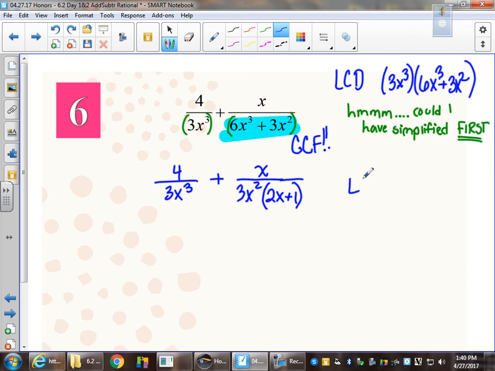When I look for my least common denominator now, I had 3x to the third. Now I've got a 3x squared. So I'm short a single x. So 3x to the third, and then 2x plus 1.